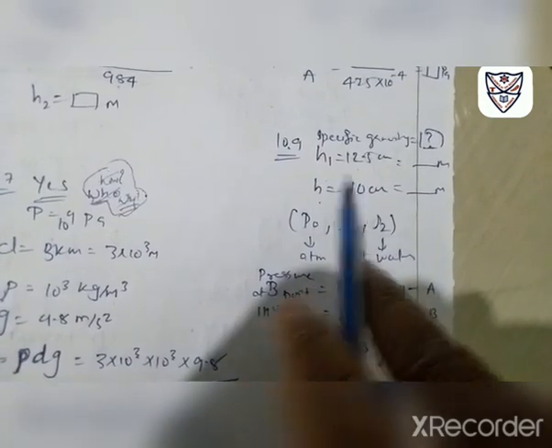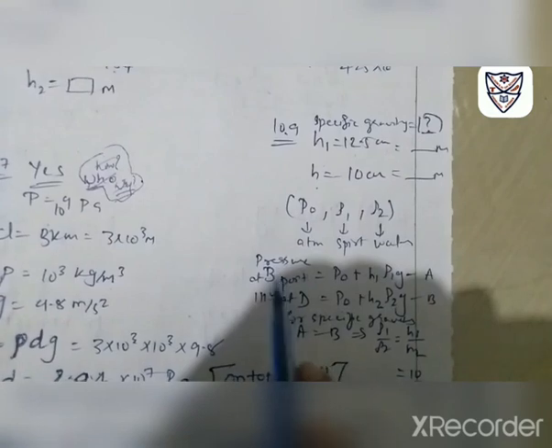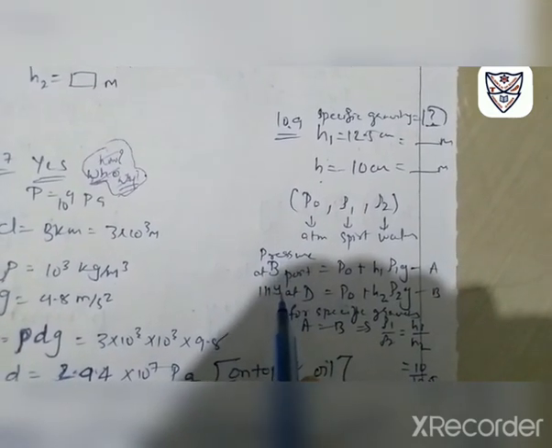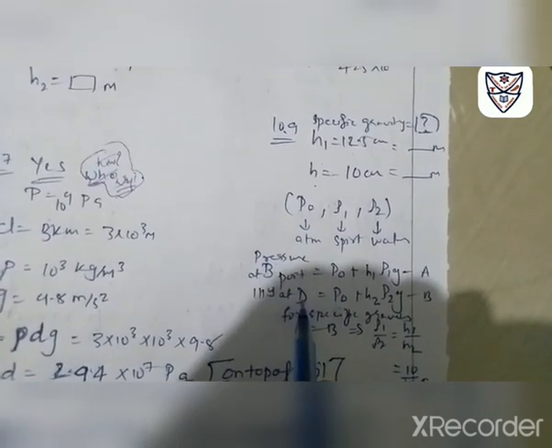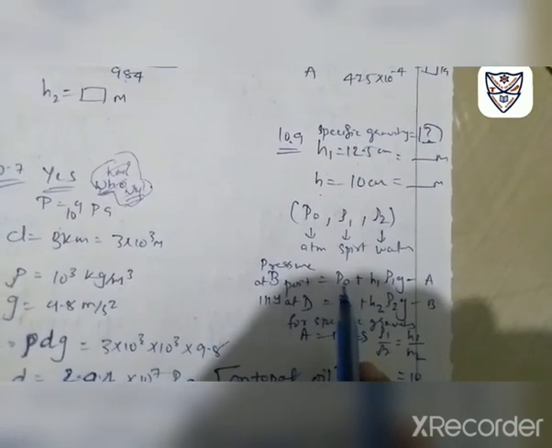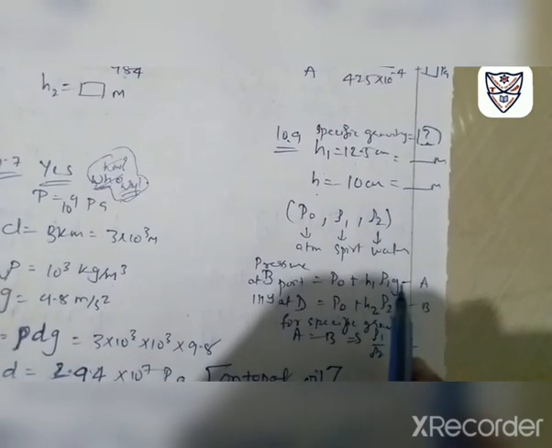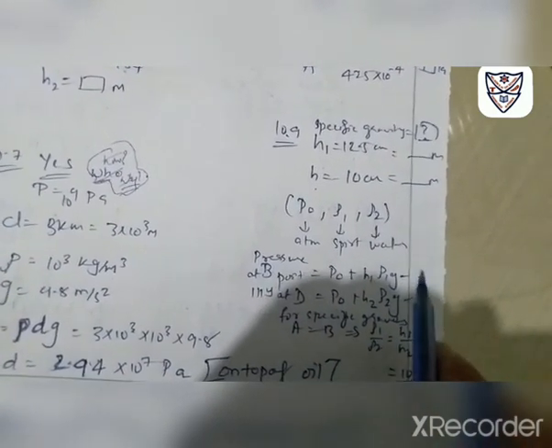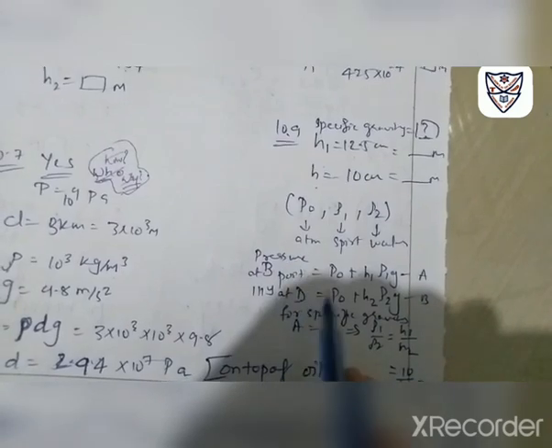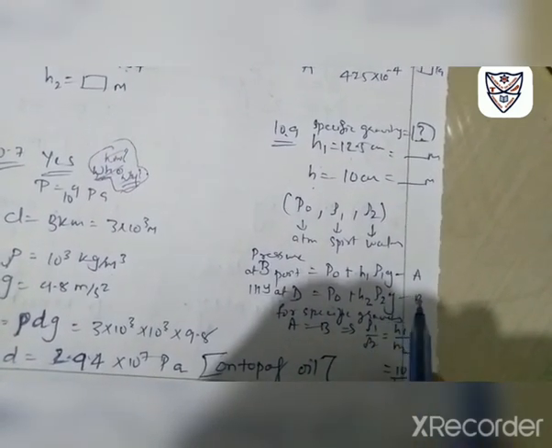For spirit and water, two level heights are there. The pressure at P, similarly at D, you will also have a different pressure because of that. The pressure formula is simple: P0 + H1 ρ1 g. I'm considering that as equation A, and at the point D I'm considering P0 + H2 ρ2 g as equation B.